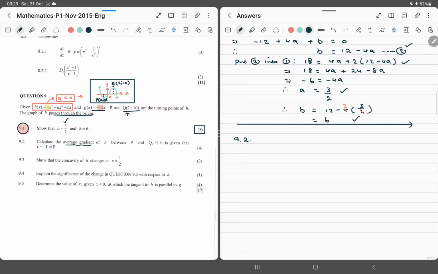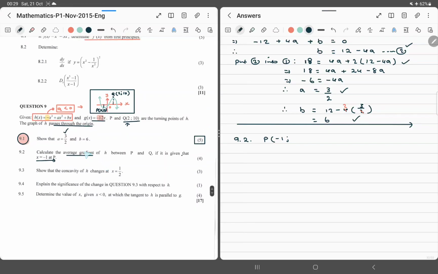Calculate the average gradient of h between P and Q, if it is given that x is equal to minus 1 at P. That's great. So let's see. P is the point (minus 1; 2). Now we substitute this into the original equation because it's a turning point of the equation.